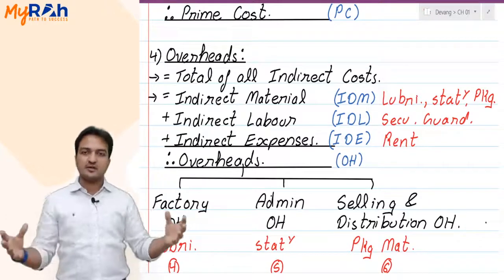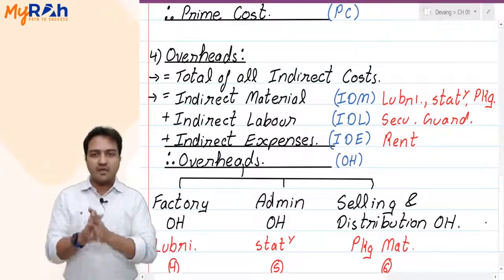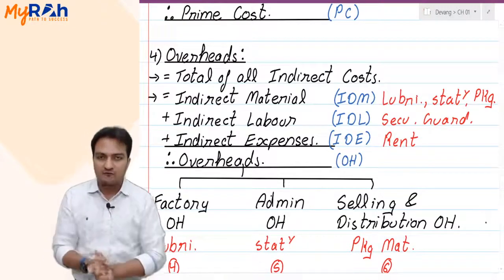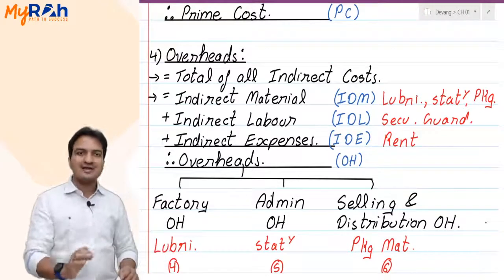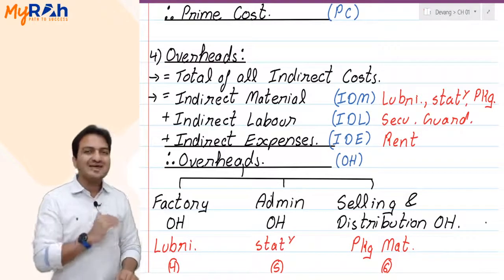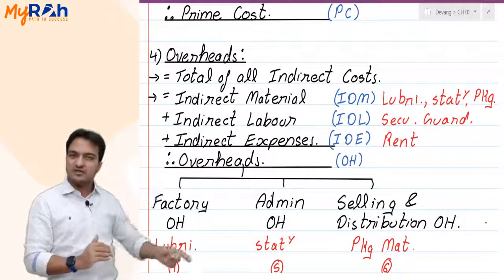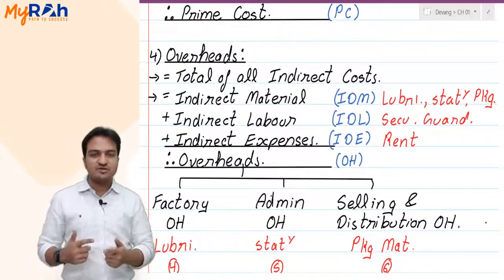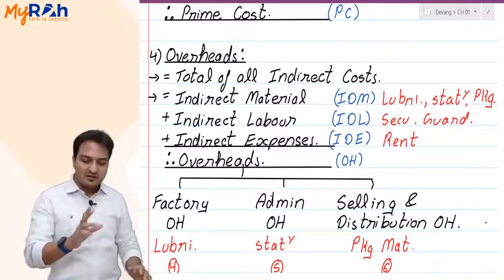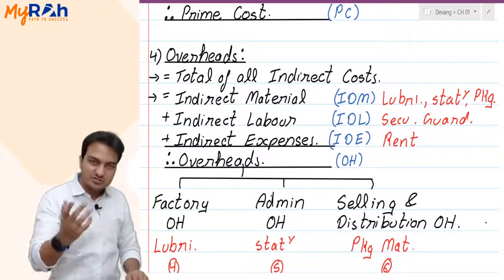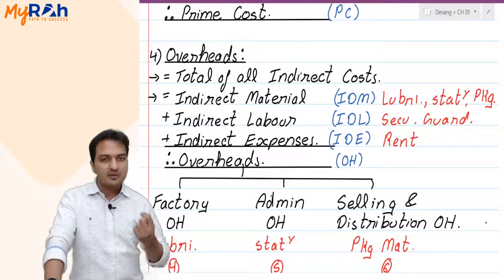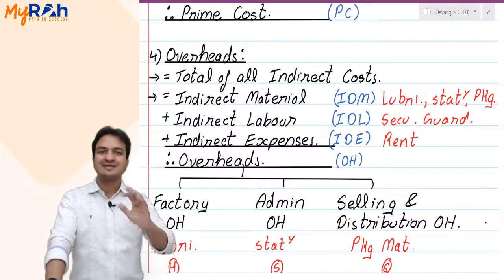Ultimately, I will add these 6 items together and make a total cost. That format of finding total cost will be called the cost sheet format. Of course, that cost sheet format is not just simply adding all these items. In that format, we need to make many other subtotals, and I'll give you certain other calculations also in between. That will be my next discussion, but I will start that in my next session.